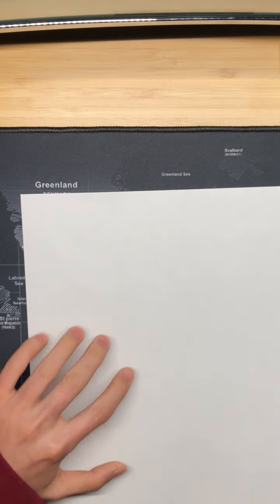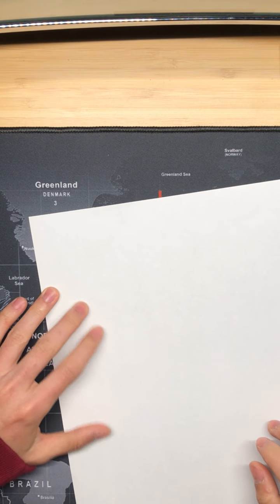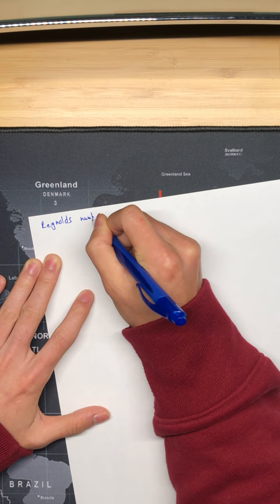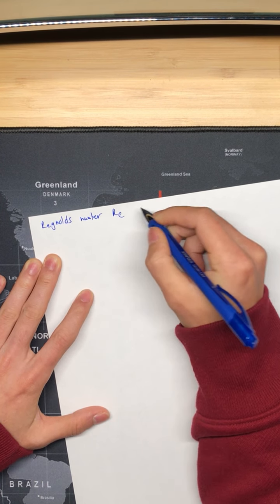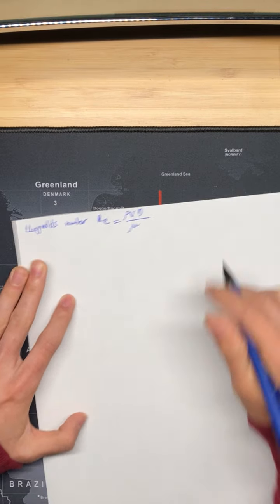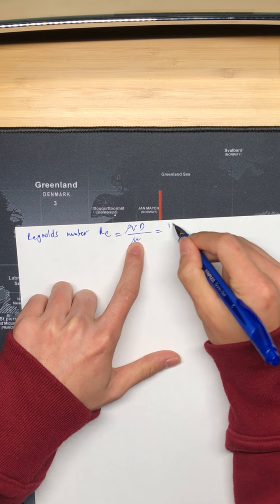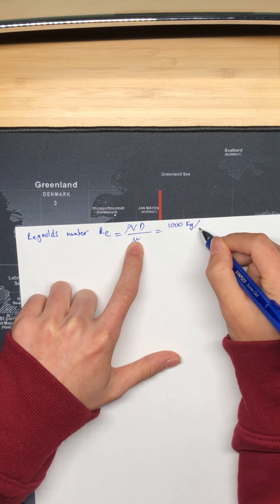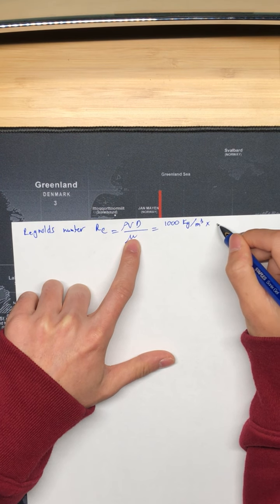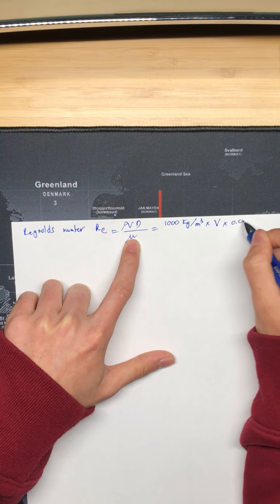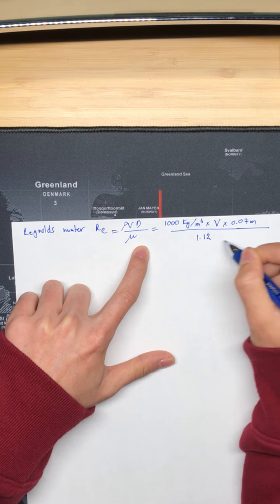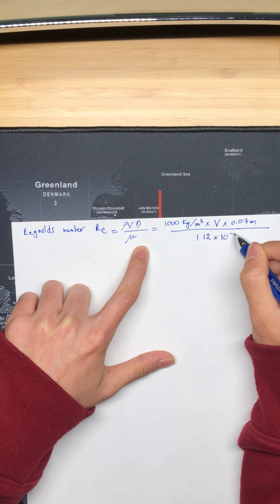So we have Reynolds number, Re equal rho V D over mu, which is equal 1000 kilogram per cubic meter times V times 0.07 meters divided by 1.12 times 10 to the minus 3.